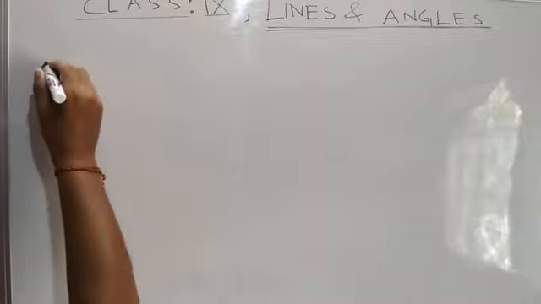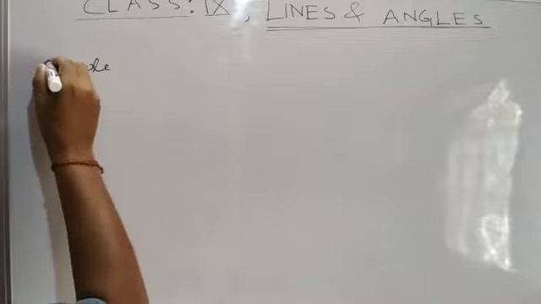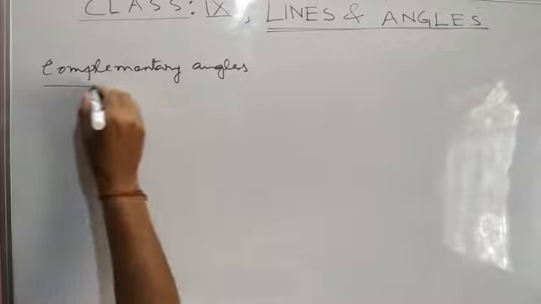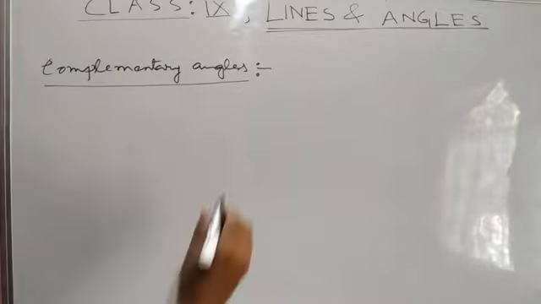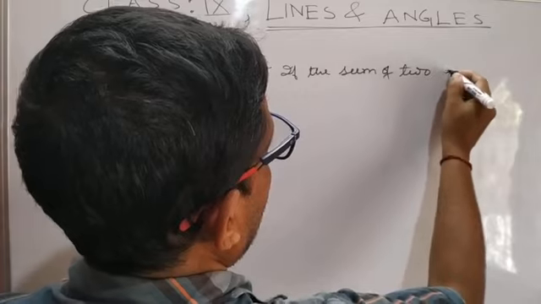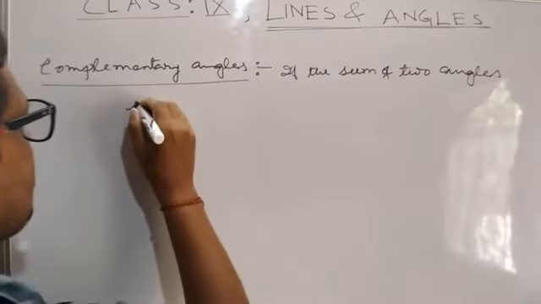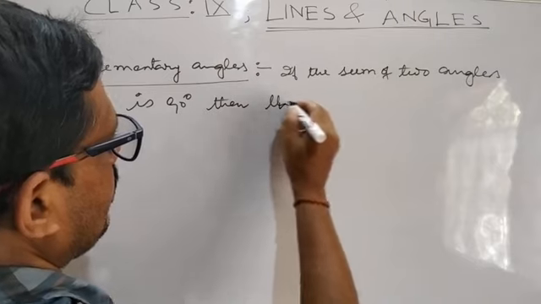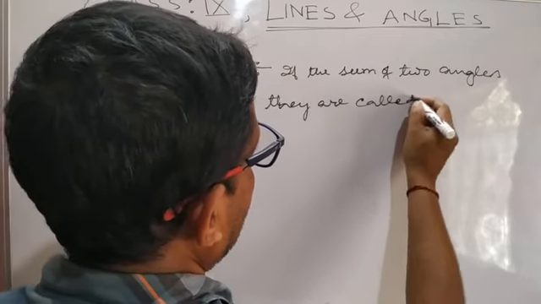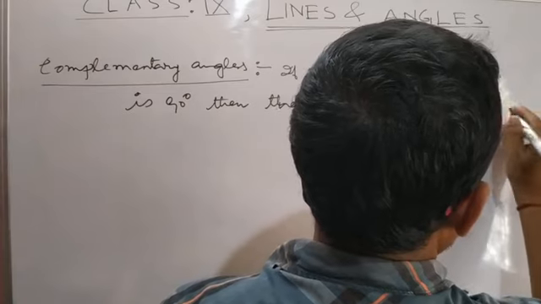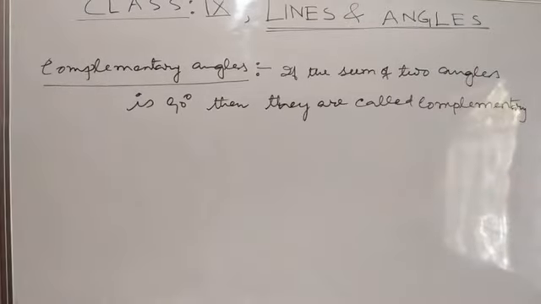You see complementary angles first. If the sum of two angles is 90 degree, then they are called complementary angles.